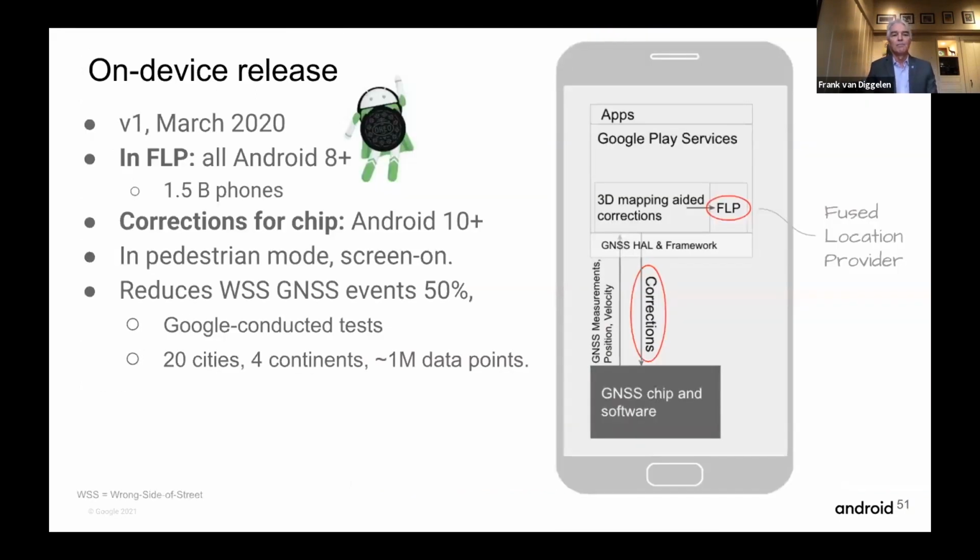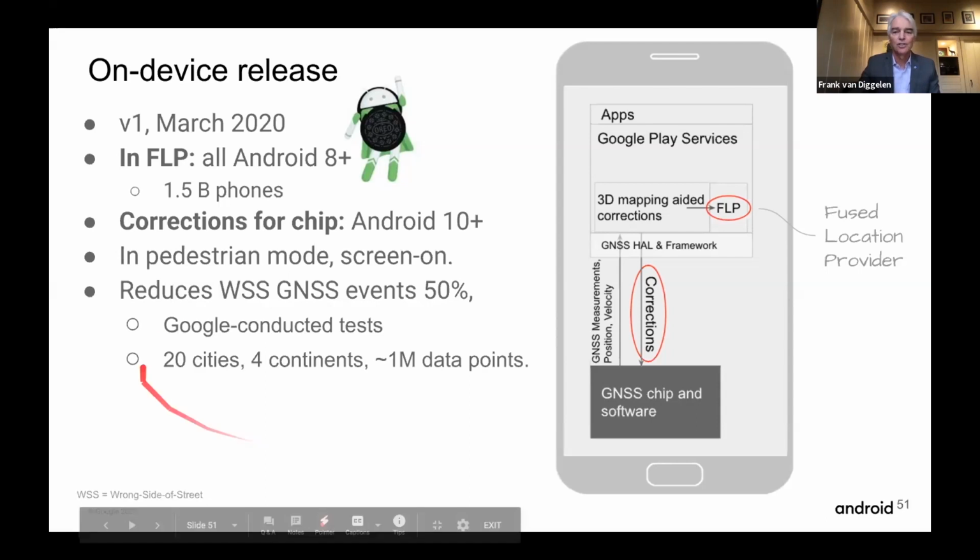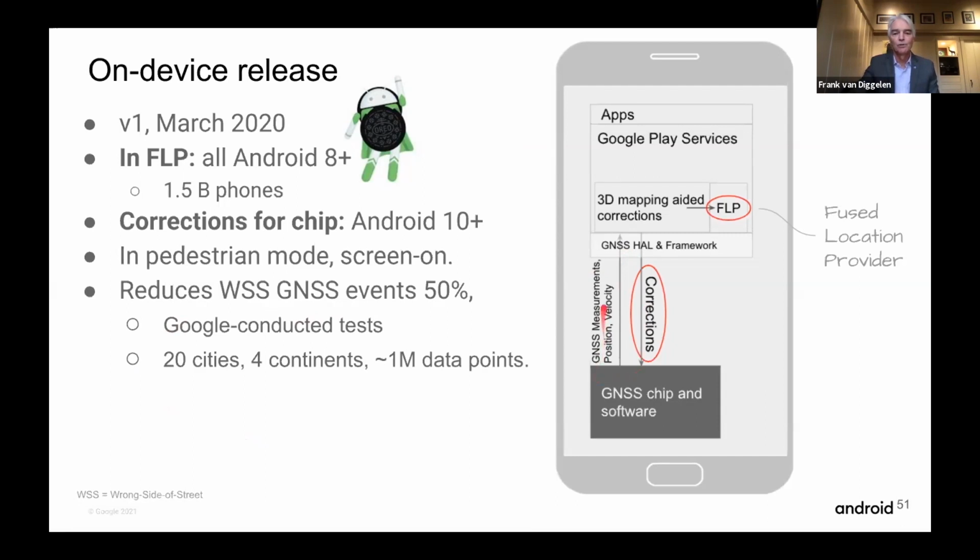Then in March of last year, we also released an on-device version. So this is a lighter version of the above, where we're not making use of the server, but we're actually doing processing on the phone. And we're providing corrections to the chip to give the GNSS chip information about the reflections so that it can improve its position.